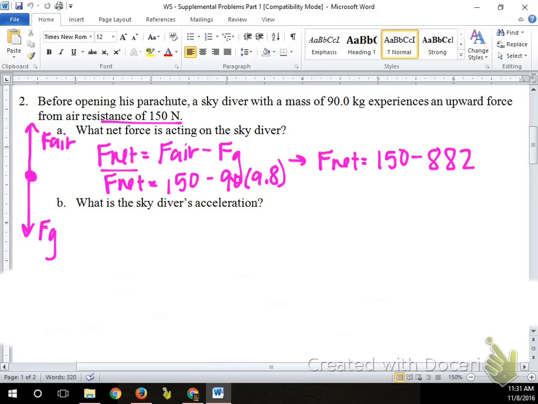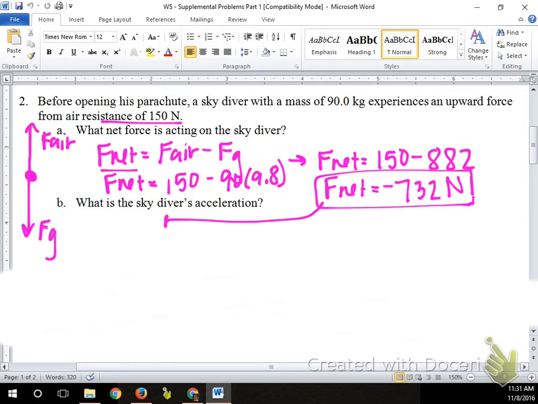So do we see a net force of positive value or negative value? Negative, and it's 882 minus 1, 732. Negative 732 newtons is our net force there. As we go down to solve for our acceleration, can we expect his acceleration to be positive or negative? Negative.